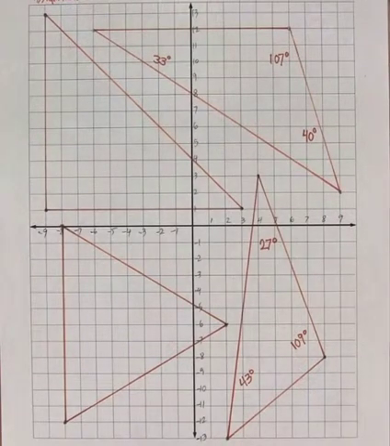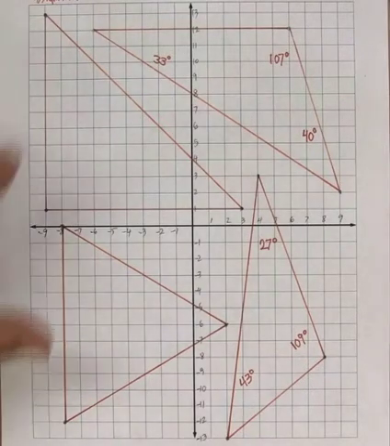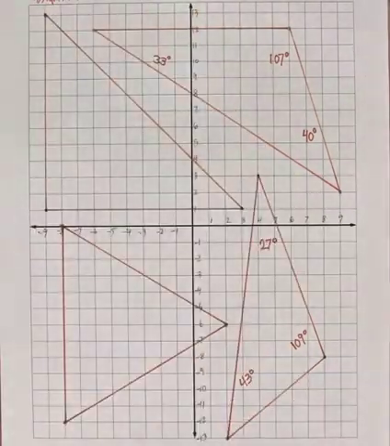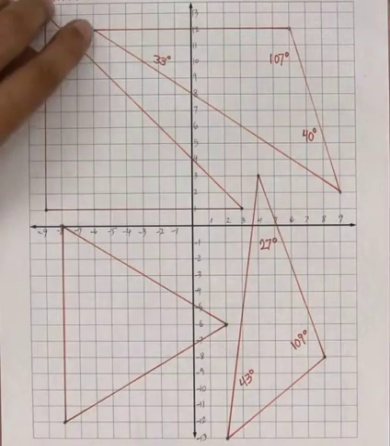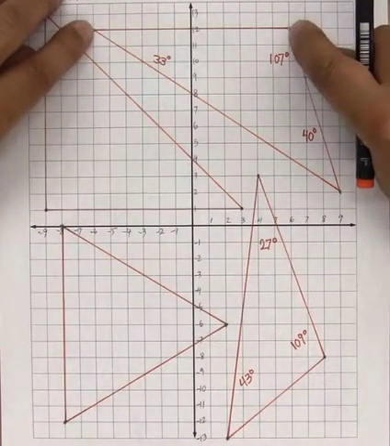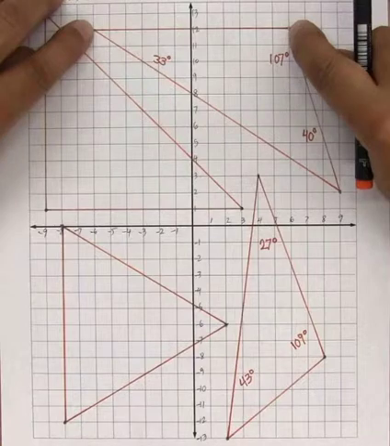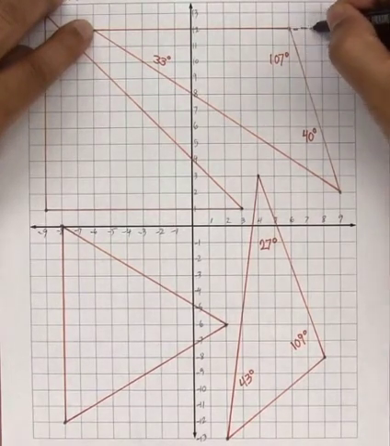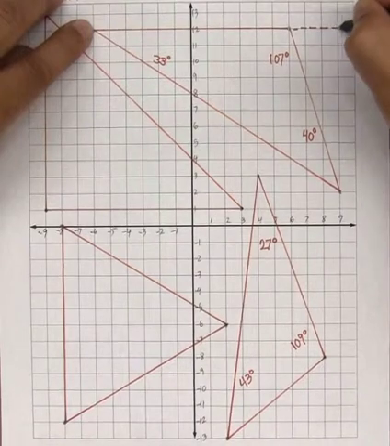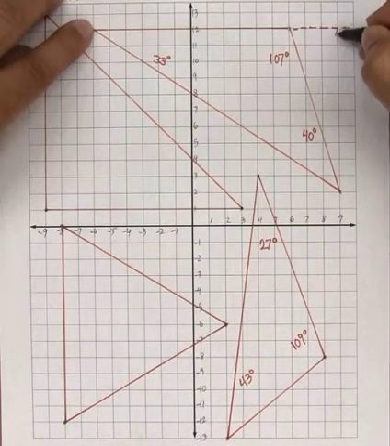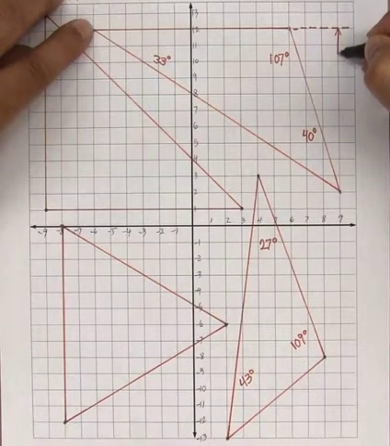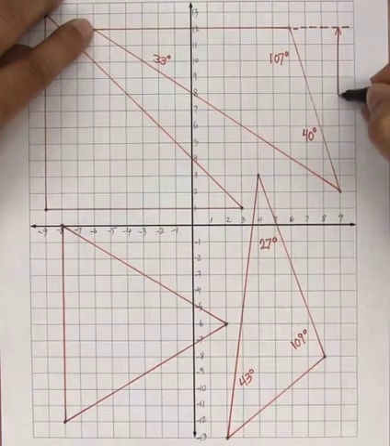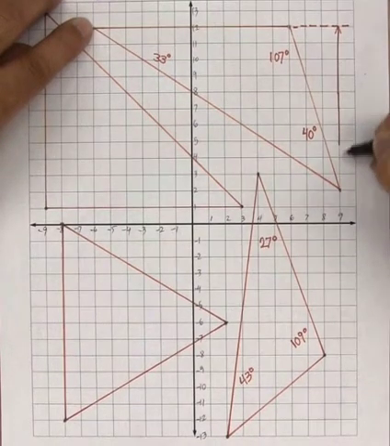The second part of this assignment is to find the area. To find the area of this triangle is relatively easy, because we're going to say that this is the base. And if that is the base, then the height is given by this length.